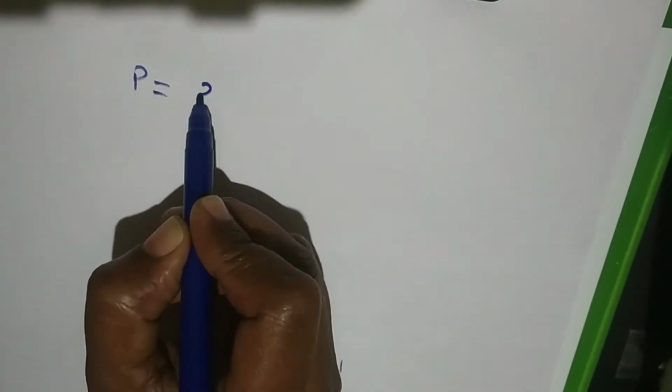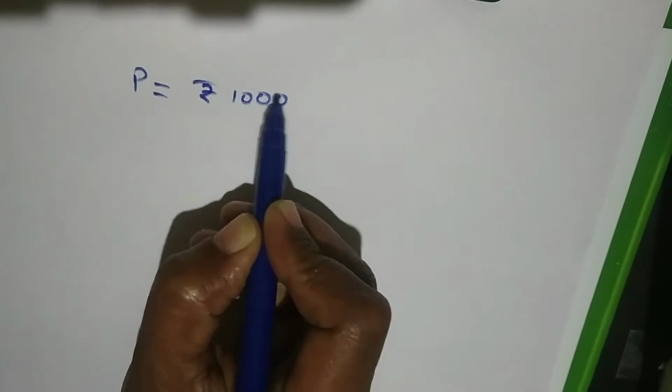So the invested amount, that is rupees 10,000. We know that invested amount or borrowed amount is known as principal. Here principal is equal to rupees 10,000.